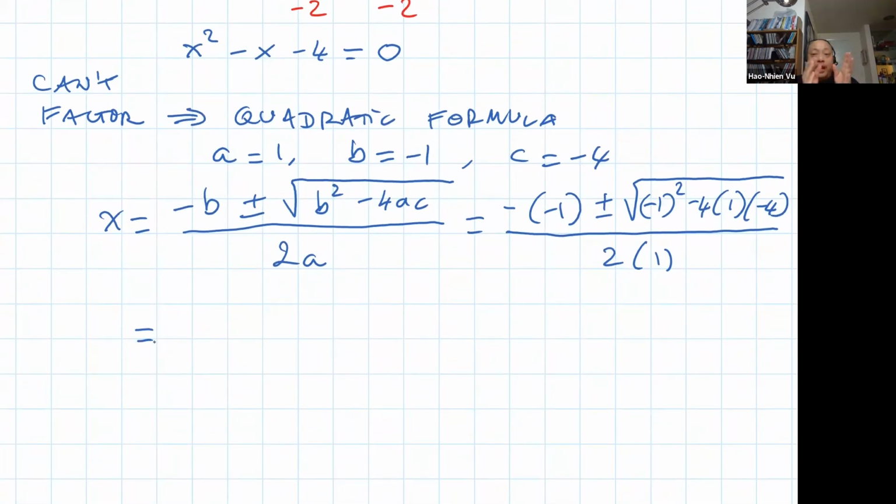All the negatives have parentheses around them to make sure I get the sign correct. So -b is +1. Inside the square root here, the -1 squared is a +1. Then -4 times 1 times another -4, so the minus and the negative here becomes a plus. 4 times 1 times 4 is 16.